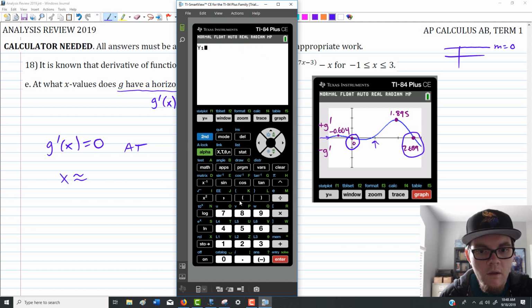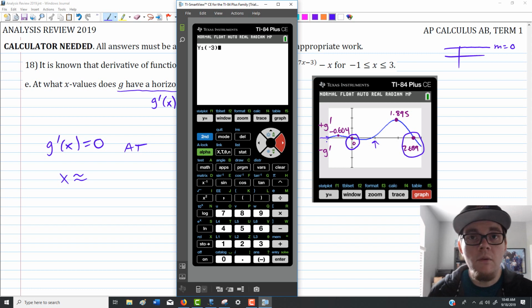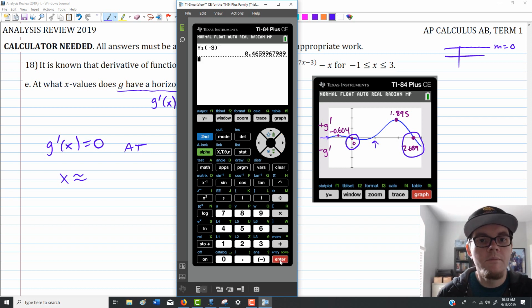Y1 of -3. By the way, what I'm doing right here, I don't think I was narrating it very well. I'm checking to see if y sub 1, the function, is below the x-axis at -3, which would mean there's another 0 there. So notice that the value there is positive, which means it never actually crosses across. So basically we only have one more 0 that we need to find.